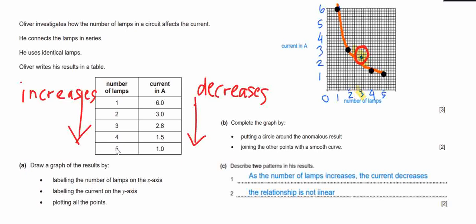From 1 to 6, the number increases, and for current in amps, 6, 3, 2, the number decreases, the current decreases.